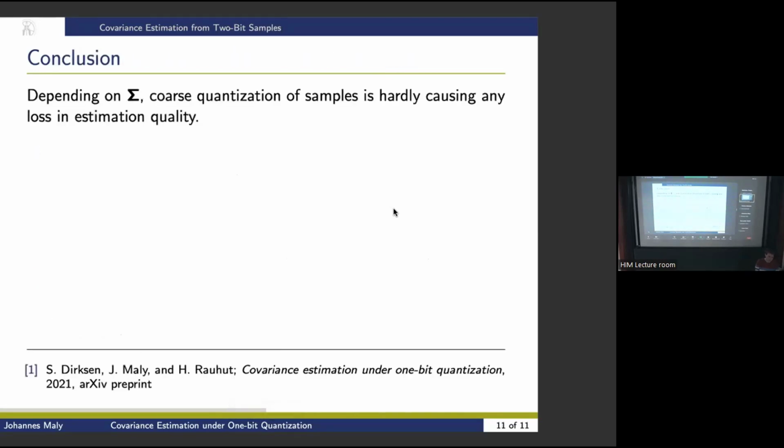Final conclusion, depending on sigma, you can really get the same performance of estimation, even though you throw away a lot of information. So you only keep 1 bit per sample or 2 bit, but you get very, very reasonable results. But of course, there are cases where you suffer loss.